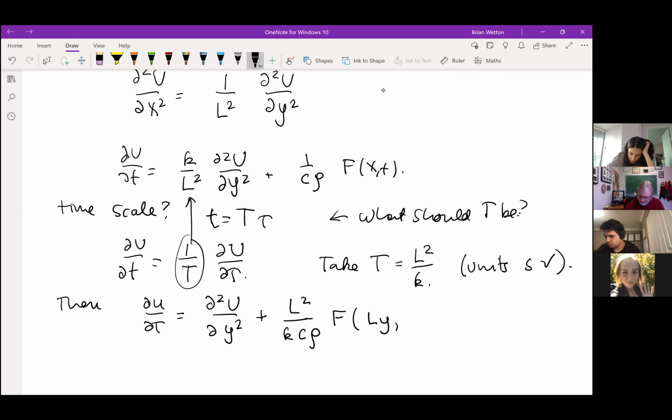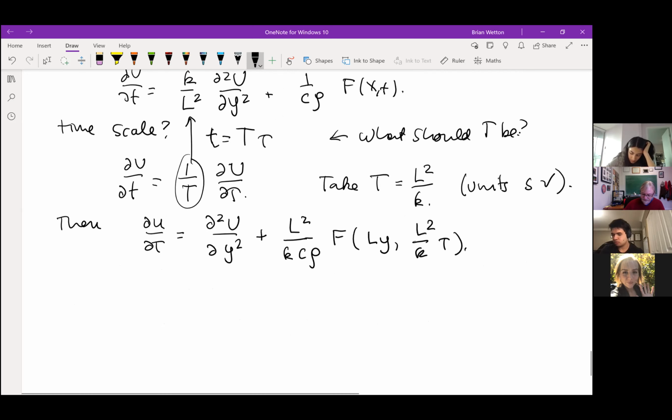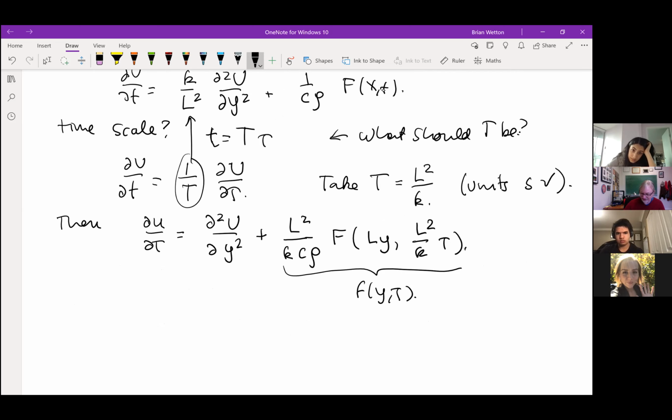And then to get to t, I'm going to have L squared over K times tau. Okay, and this whole thing, I don't actually care about all that much.